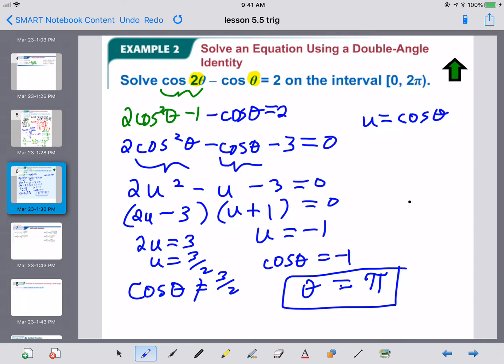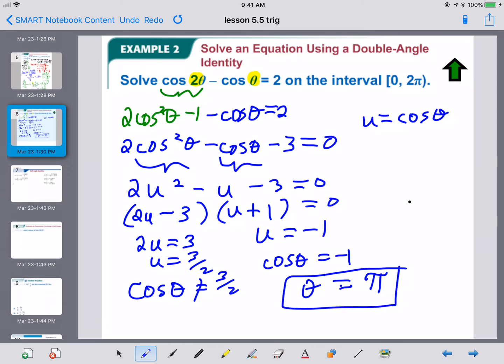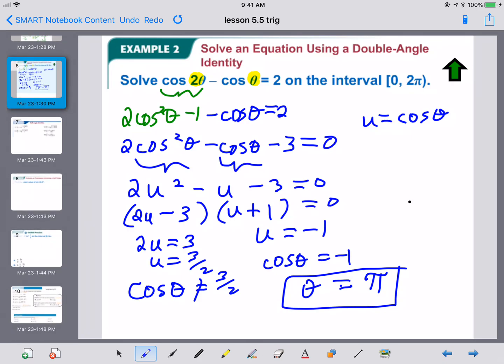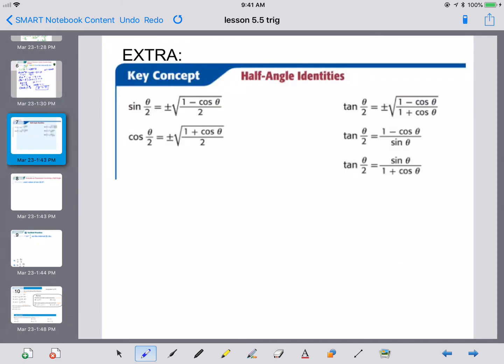So that is how you do an equation using these formulas. Now let's look at our last type of identities for this section. Here are the half-angle formulas. You will notice just like our cosine of 2 theta had 3 different versions, the tangent actually also has 3 different versions.